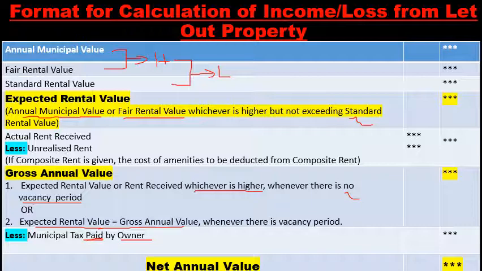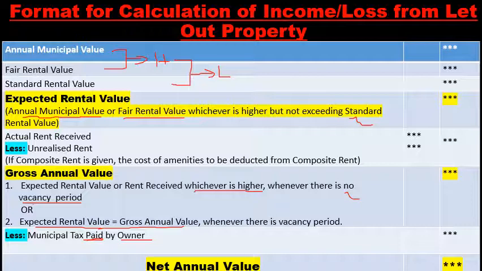So that is about municipal tax paid. And municipal tax of any year, of the previous year, of the present year and of the next year can be deducted from gross annual value if it was paid. The point is, it should be paid and it should be paid by the owner, and it may relate to any year.